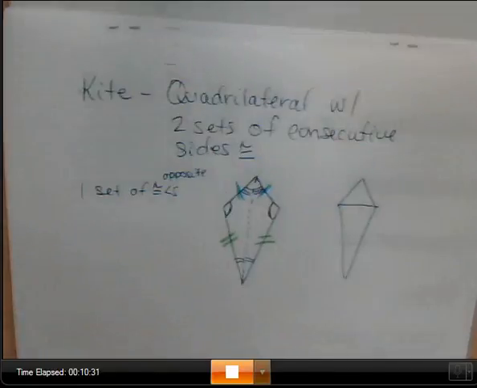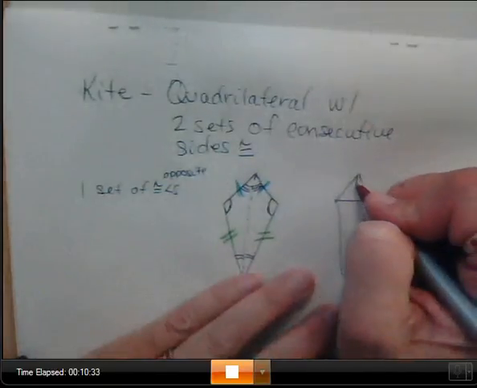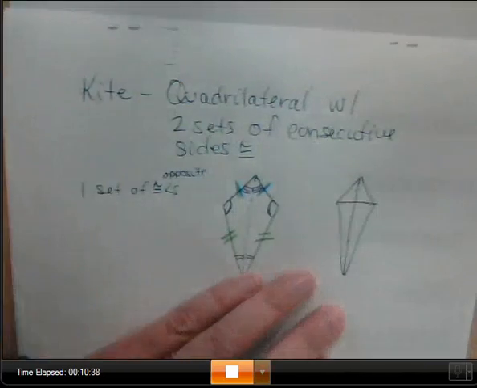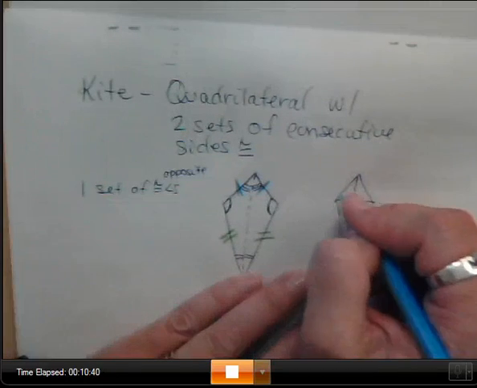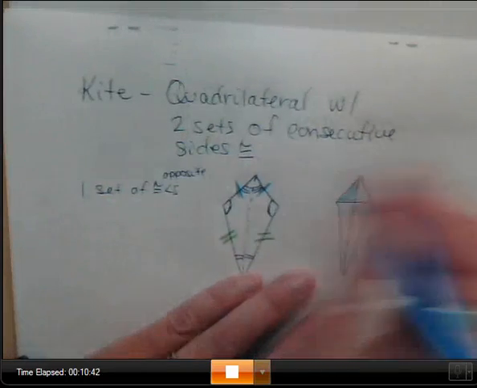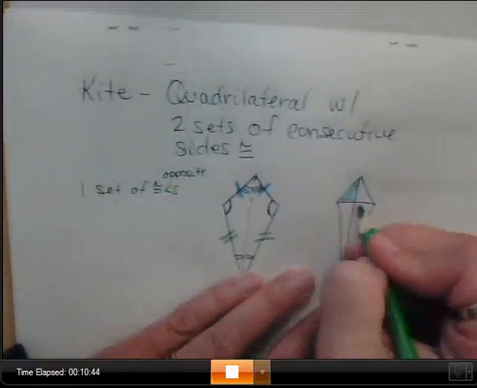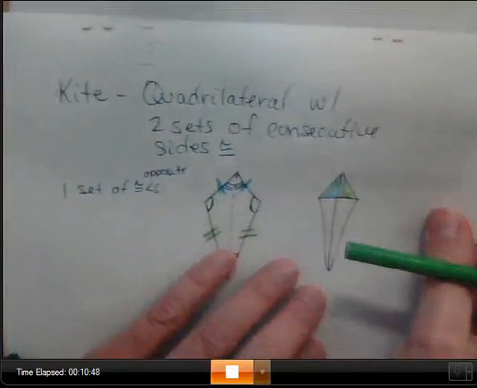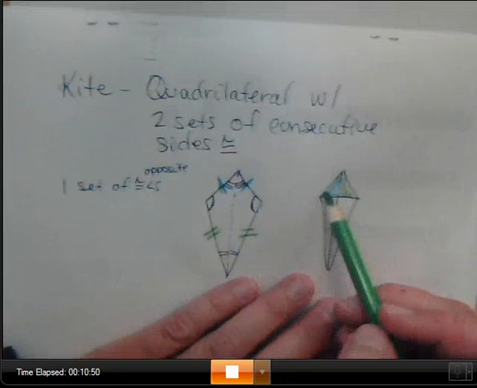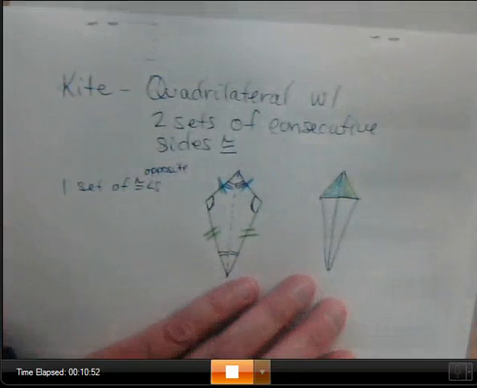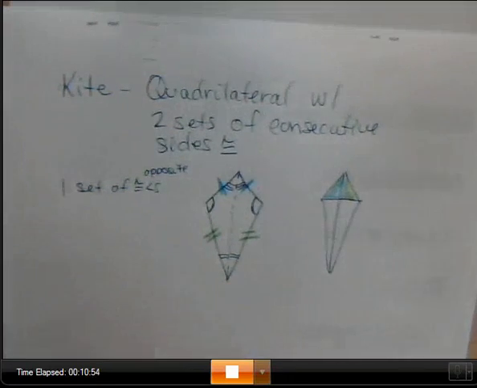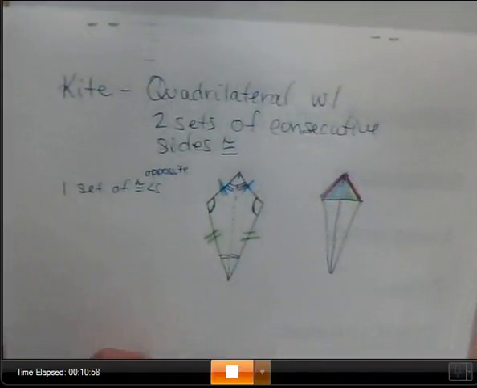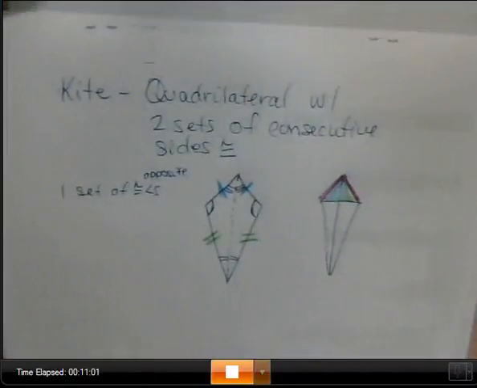Now, is it possible for me to show anything about these two triangles? Could I prove these two little guys congruent? What do we know? This side is congruent to that one. We've got reflexive, so we have a side and a side. Do you have an angle?